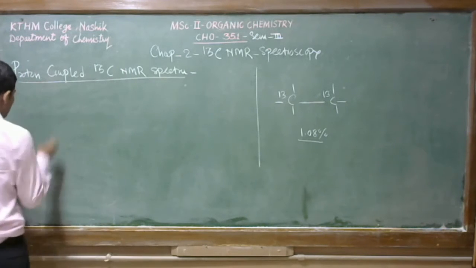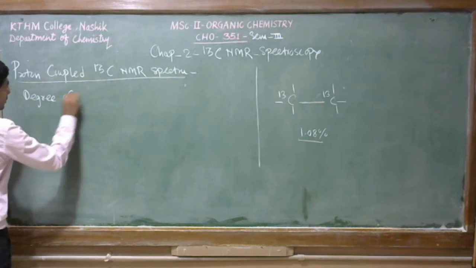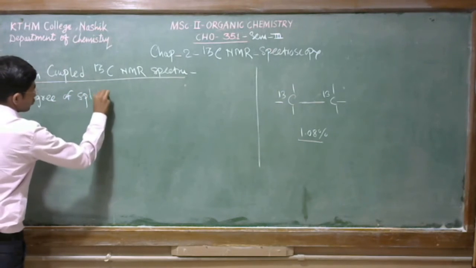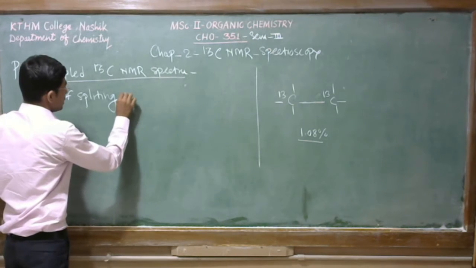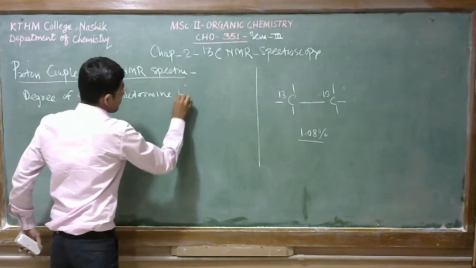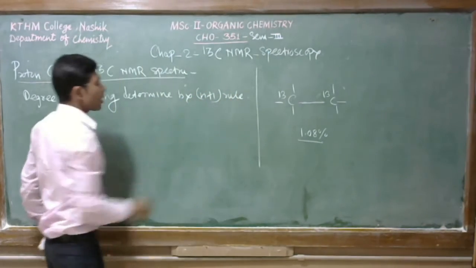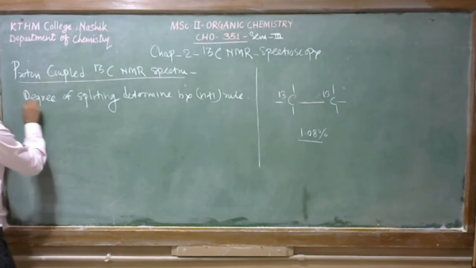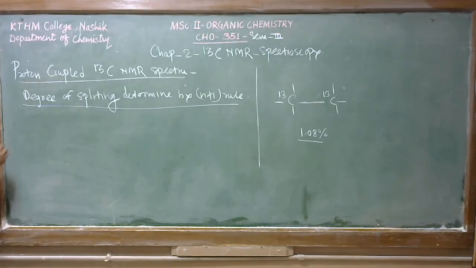This degree of splitting is determined by the n plus 1 rule. The proton attached over the carbon determines the degree of splitting with the help of the n plus 1 rule.